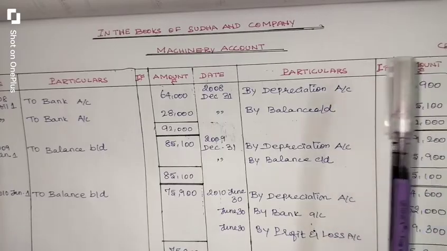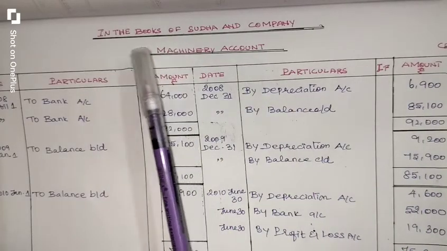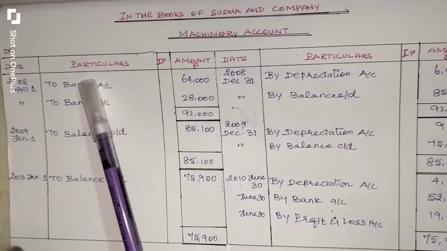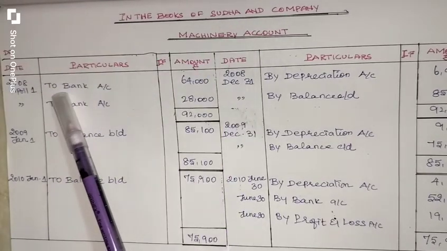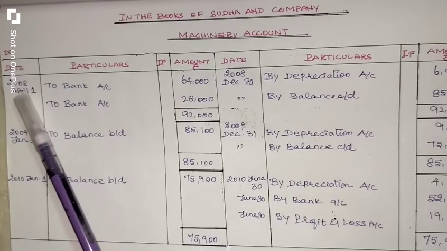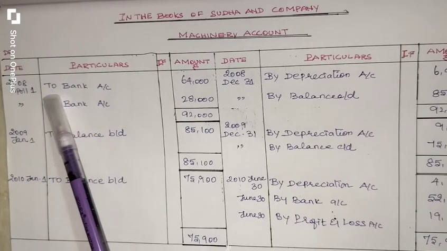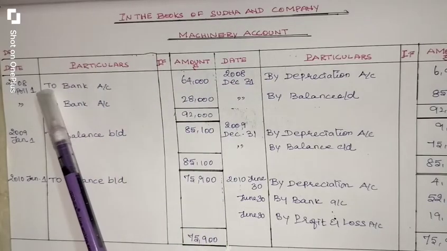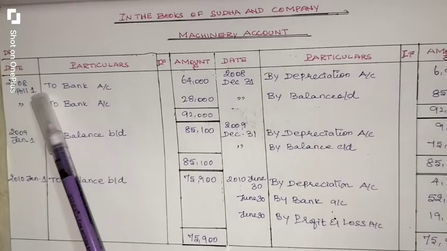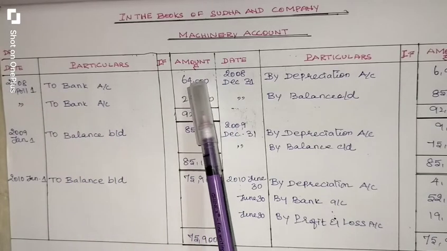When you purchased the asset, what is the journal entry? Machinery account debit to bank account, dated 2008 April 1. Machinery account is on the debit side, the opposite account is bank account. So to bank account, amount 64,000.